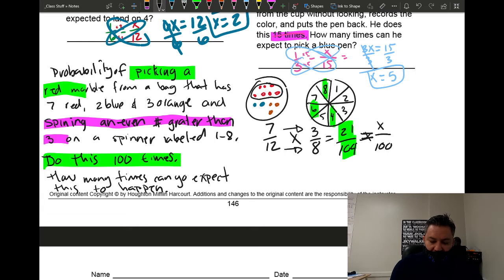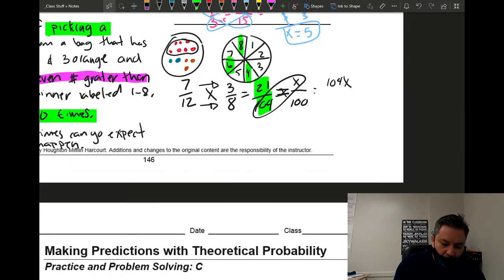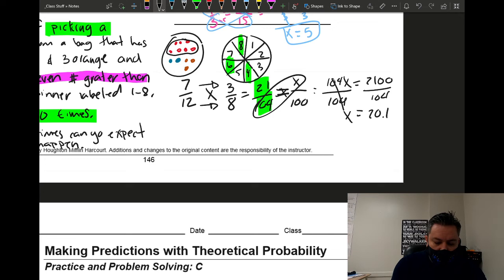So we're gonna have 21 times 100 equals 96x. So you're gonna have 96x equals 21 times 100, which is just 2100. You're gonna divide by 96. So x equals 21.88.